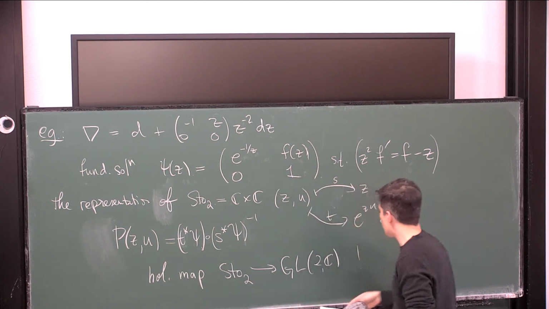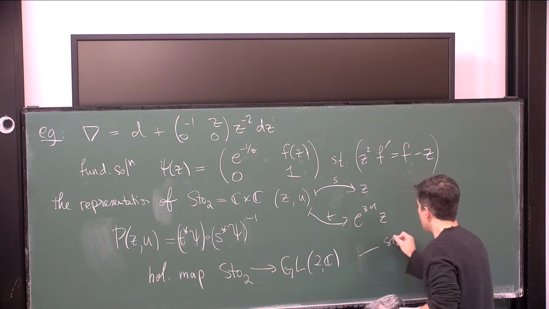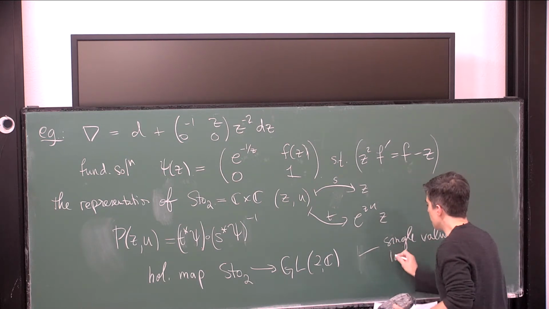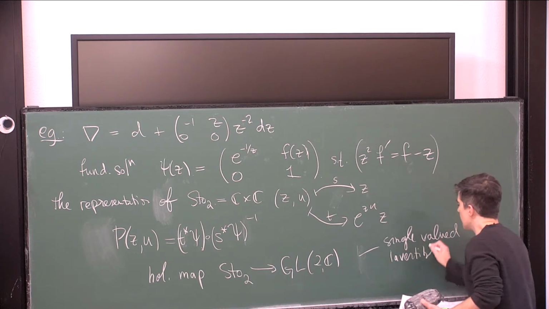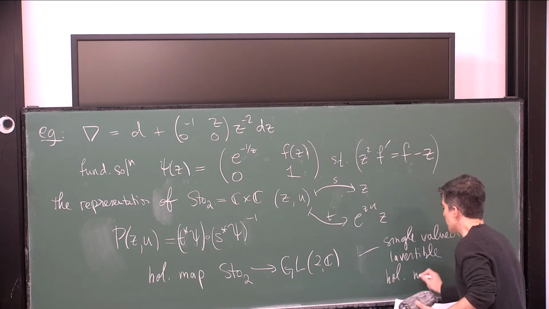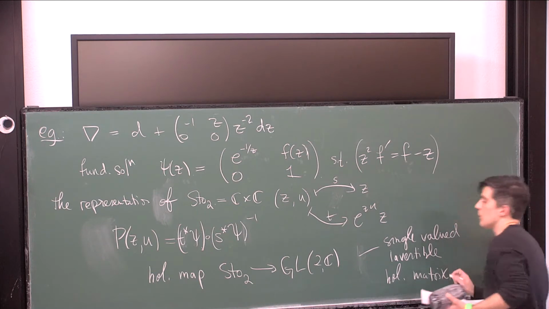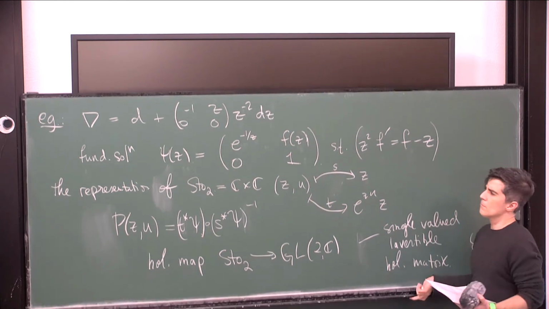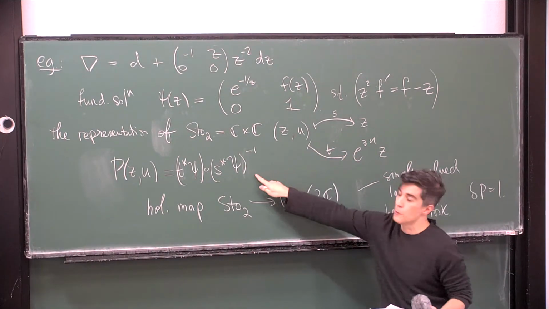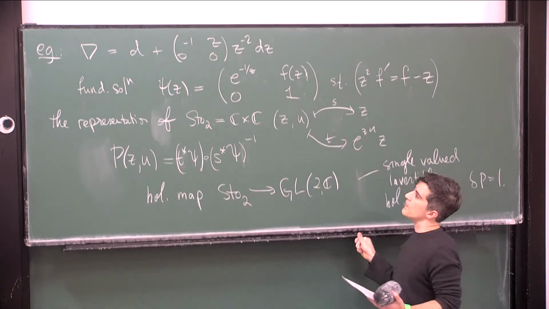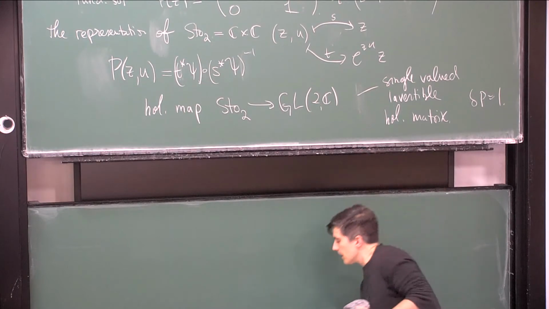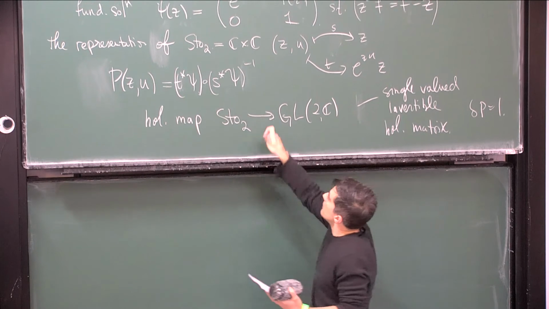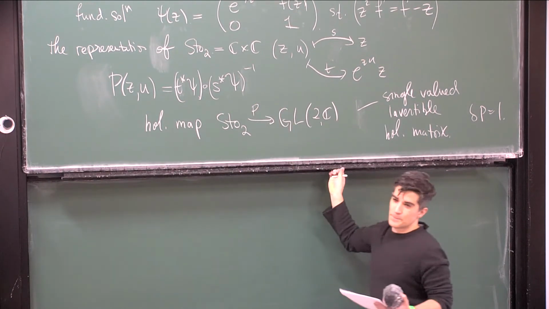And so this becomes a single valued invertible holomorphic matrix which satisfies delta p is equal to 1. I'm not doing the calculation, but you can easily do it. And I would say this is the true solution.